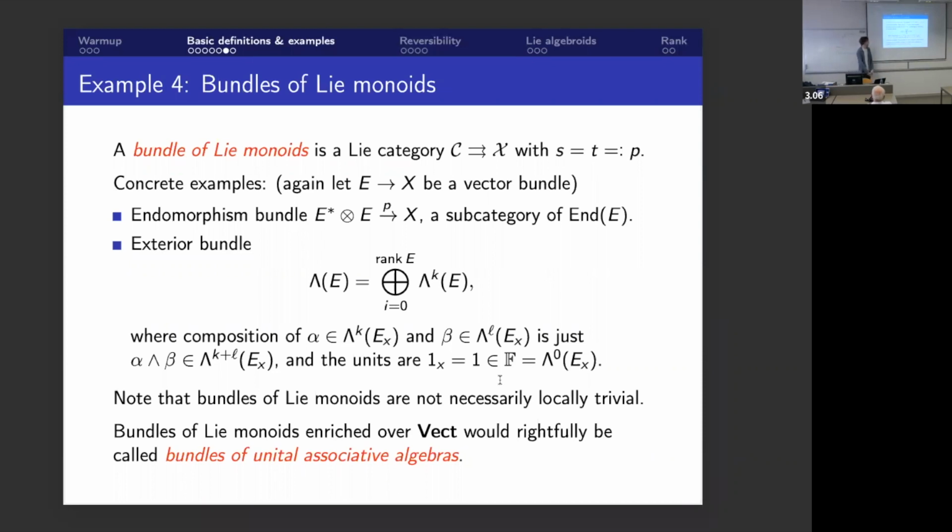We also get that these two guys are enriched over the category of vector spaces. What, for example, I claim is that Lie categories or bundles of Lie monoids that are enriched over the category of vector spaces is something that would rightfully be called a bundle of unital associative algebras. So we have a smooth multiplication and we have a certain kind of linear structure that is changing fiber-wise, right?